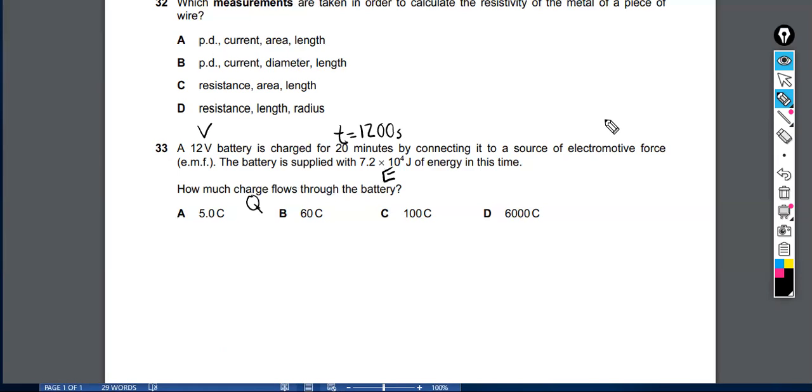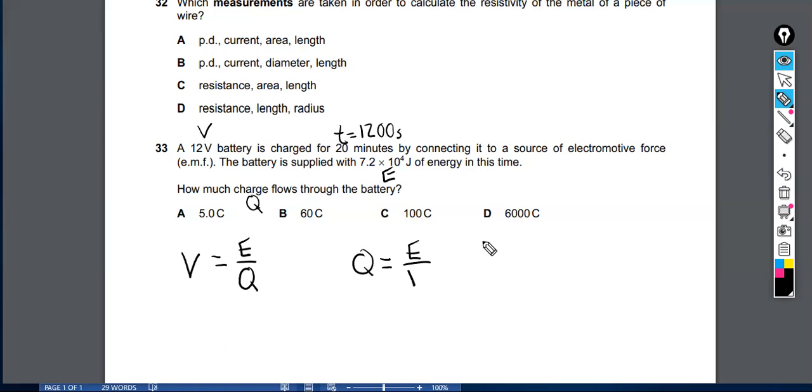A very straightforward way to approach this is to realize the definition of voltage is energy per charge. And so we can simply rewrite this as charge equals energy per volt, right?